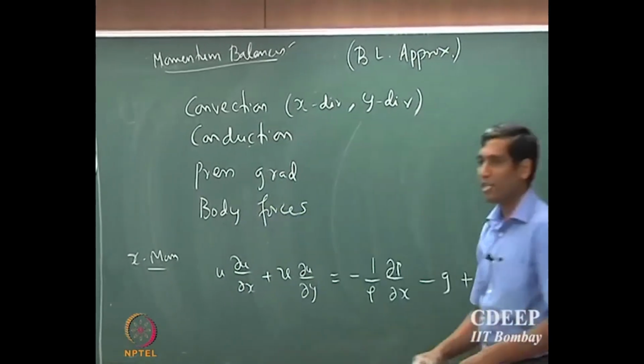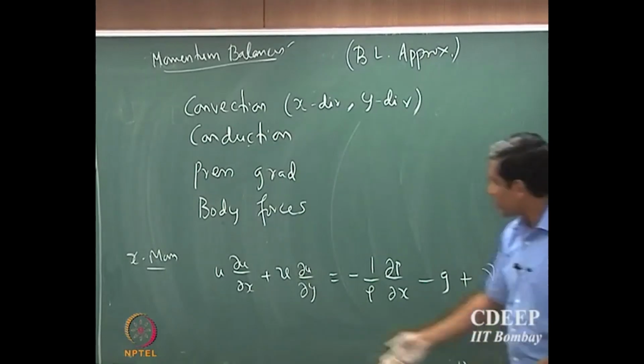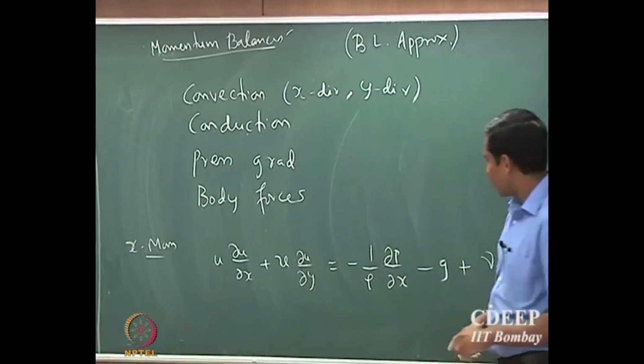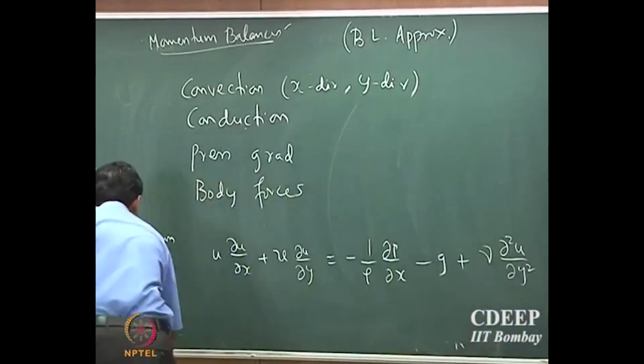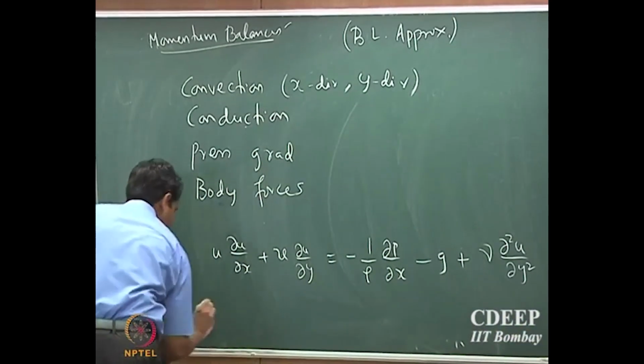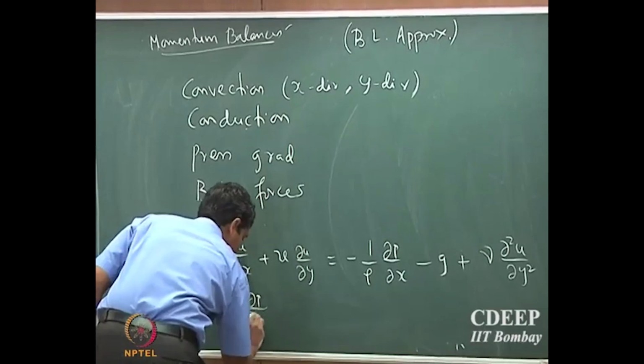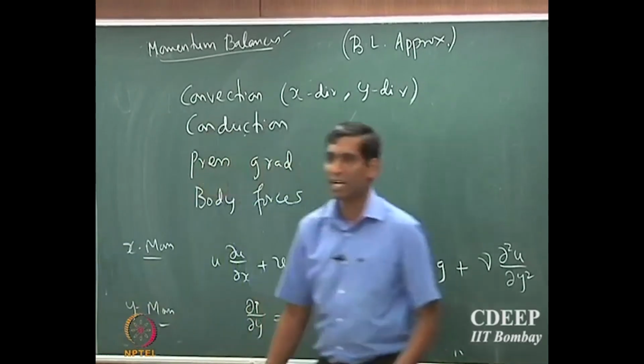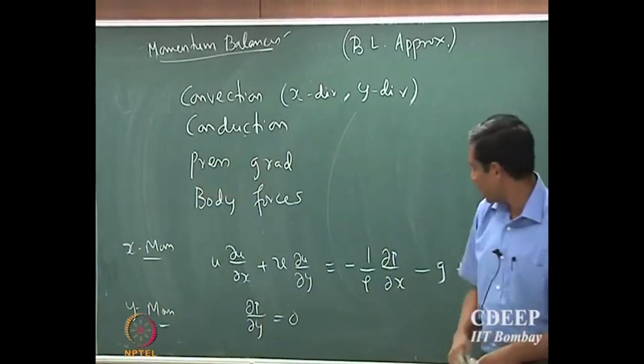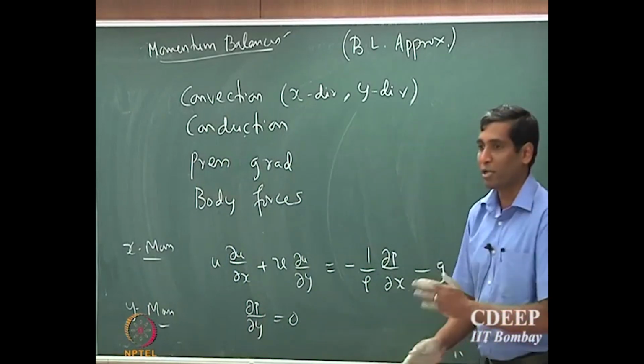I am including the boundary layer approximation. So this is the x momentum balance, and the y momentum balance will simply be dp by dy equals 0. So that will be the y momentum balance when you introduce the boundary layer approximation.